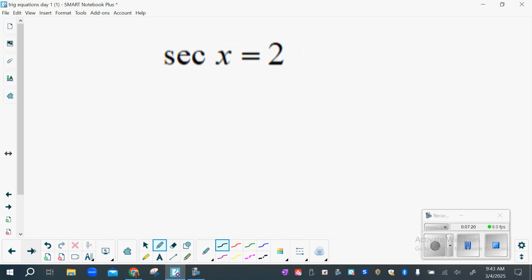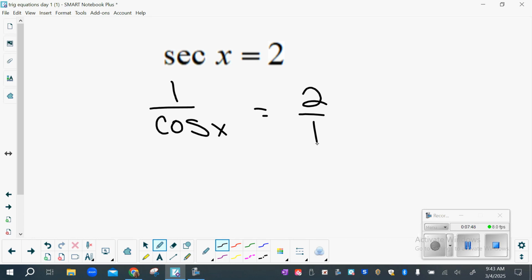Ooh, I love this next one. Secant is not on our unit circle. So let's change it to words that are on our unit circle, like 1 over cosine equals 2 over 1. Still not super helpful because our unit circle doesn't have 1 over cosine.